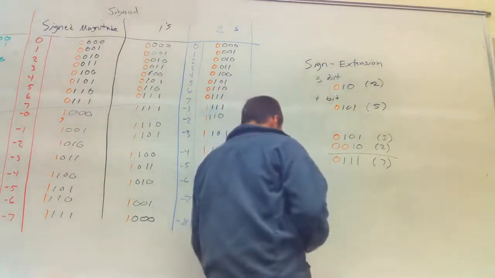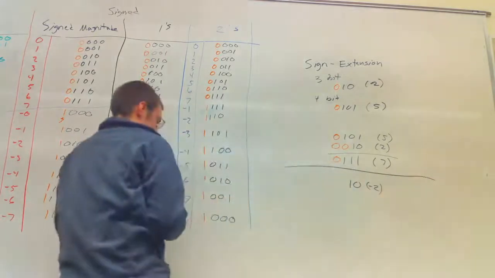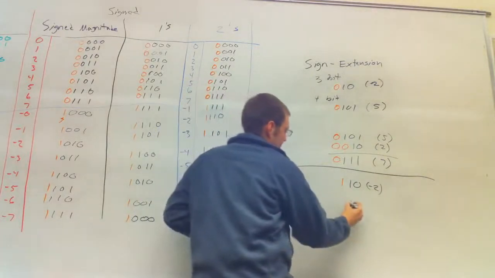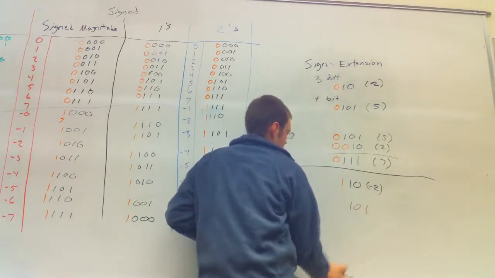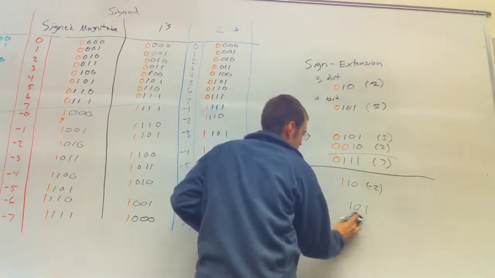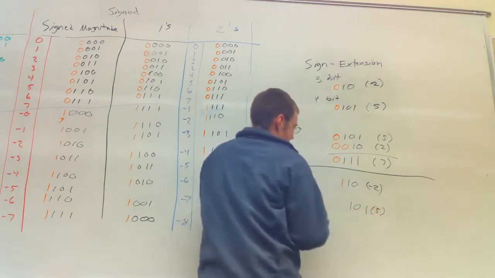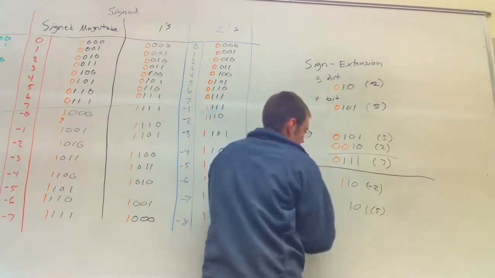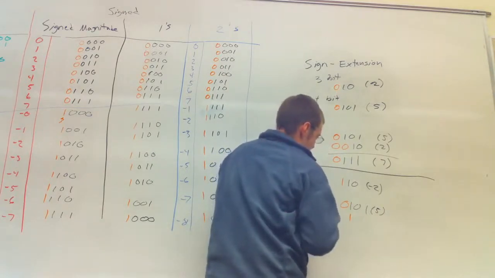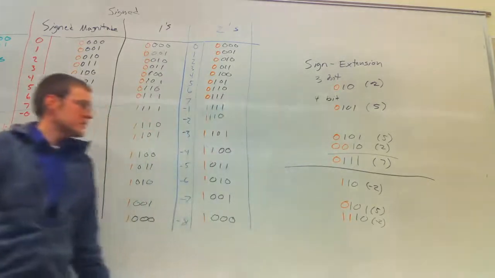If I want to do negative numbers, so if I do -2, with a 1 out front here, I'm going to use the same 4-bit 5. What we do in this case is sign extend the 1 over that way.